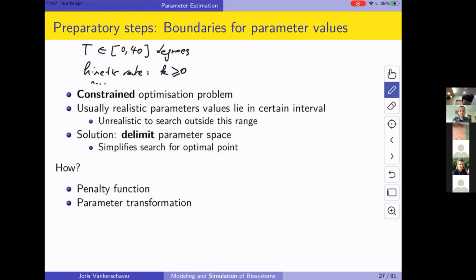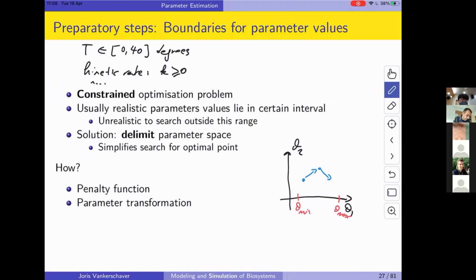And so what we want to do, when we do that exploration of our parameter space, is we want our exploration to take place within those bounds. So let's say if we have bounds on theta 1, let's call this theta min and theta max.